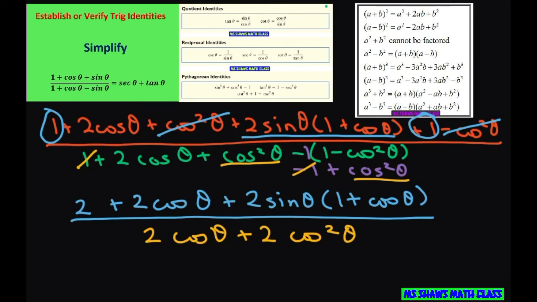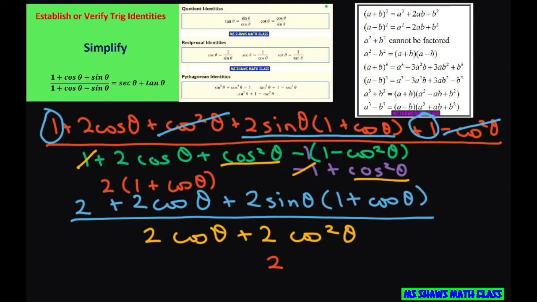Before I move on to the next slide, what I'm going to do is factor out a 2 here, and this will give you 1 plus cosine of theta. In the denominator, I'm going to also factor out a 2 cosine.